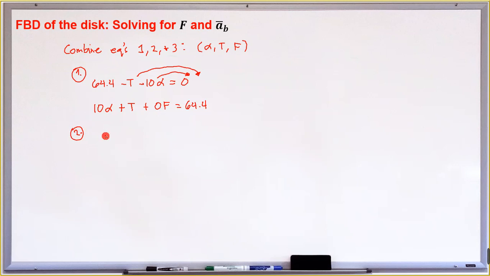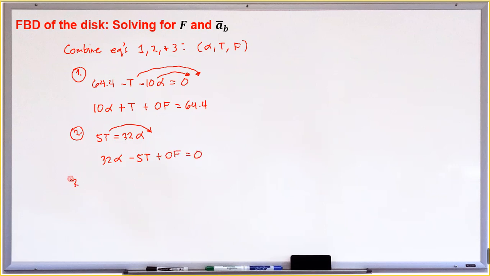Now for the second equation, we only have 5T equals 32 alpha. We can transpose this to the other side, so it becomes 32 alpha minus 5T plus 0 frictional force, and that is equal to 0.